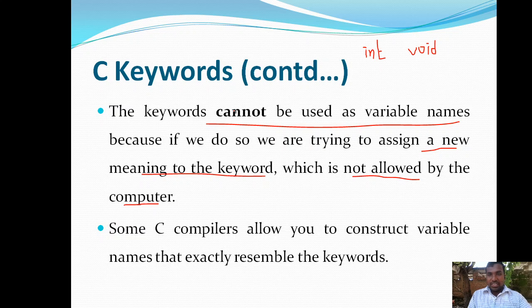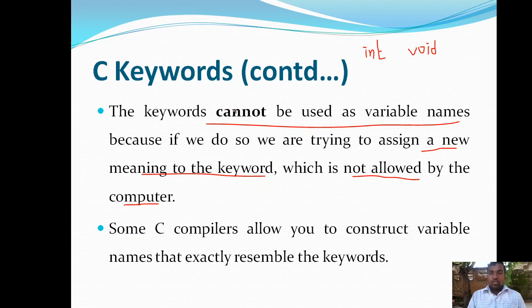Variables are the names given to memory locations. Variable names are the names of memory locations, and the values of these variables change during the execution of the program.